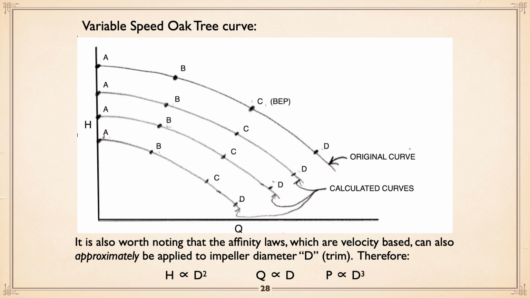So you're really just plotting the fact that the head varies as the square of speed. So you can have point A, change the speed, A. Same thing with B: we slow it down, the head drops significantly because of the change in speed, the square of it, but the capacity only drops directly with speed. You put that point. And if you do the same thing with C and D, then you can plot a curve at a different speed.